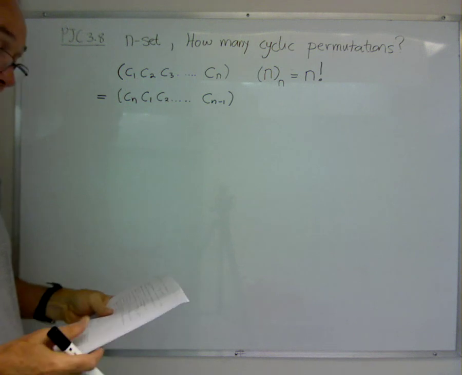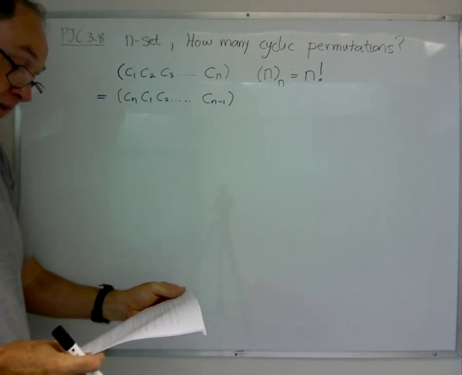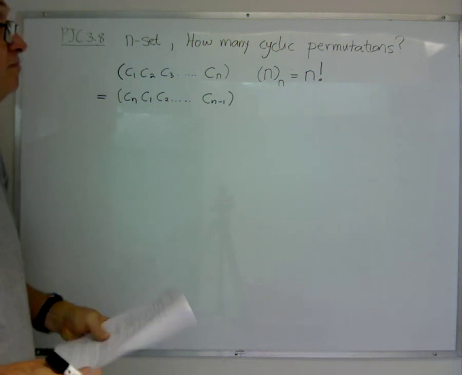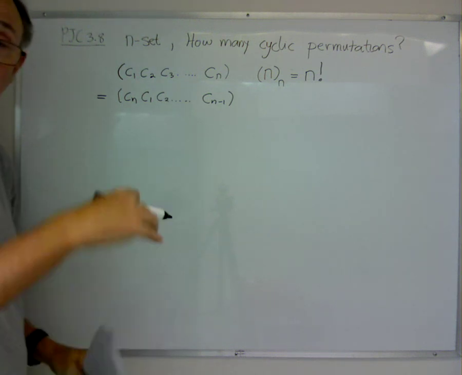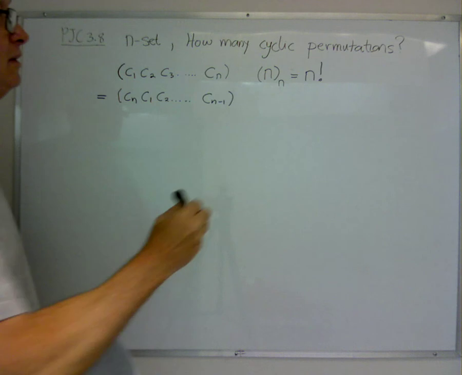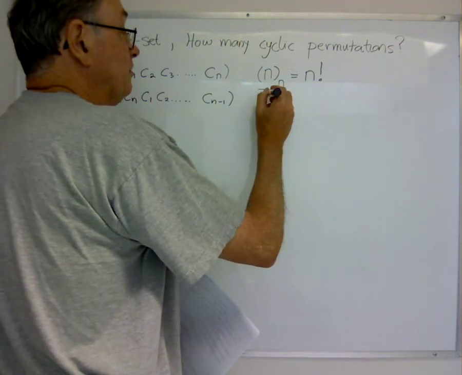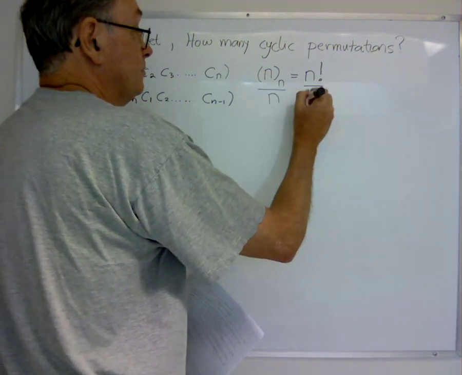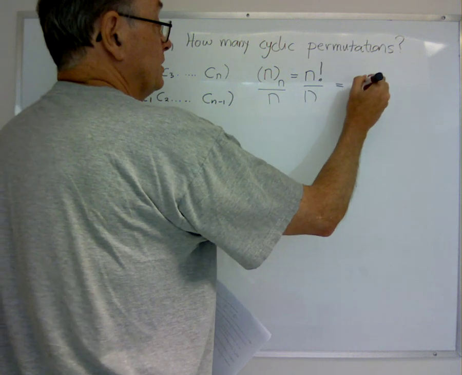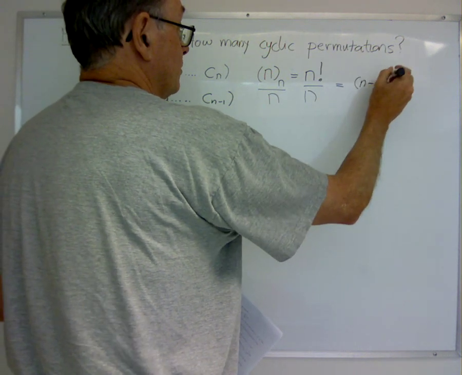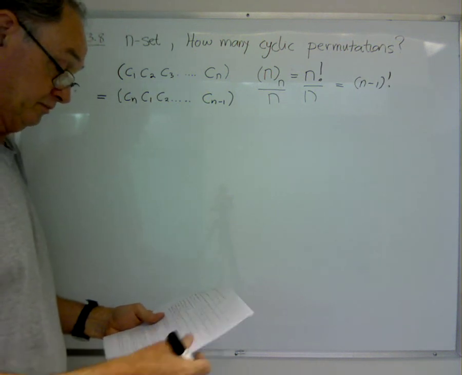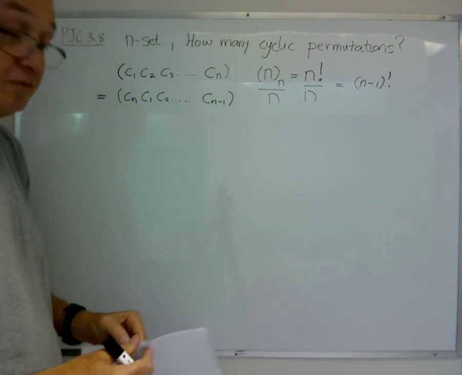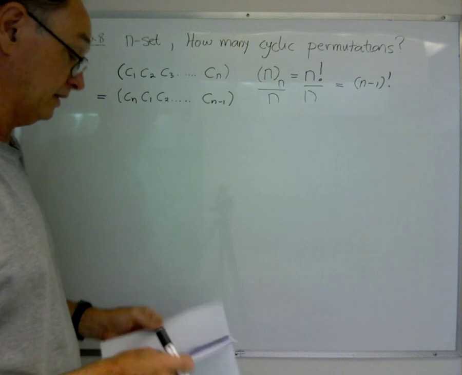And each time you get a different representation, but of the same cycle. And so you have to divide this by n, and so the answer is n minus 1 factorial. Right? So that's the number of cyclic permutations. Okay, so this is rather straightforward. It's not, in my opinion, a difficult problem.